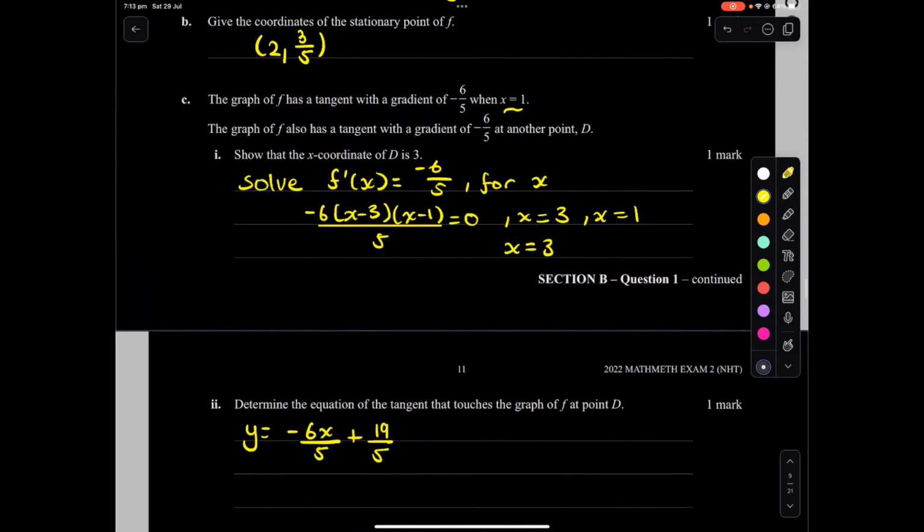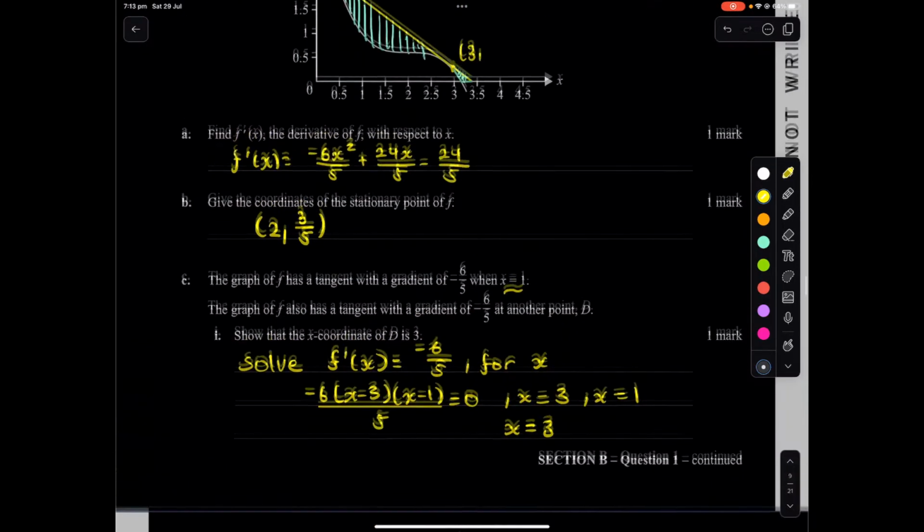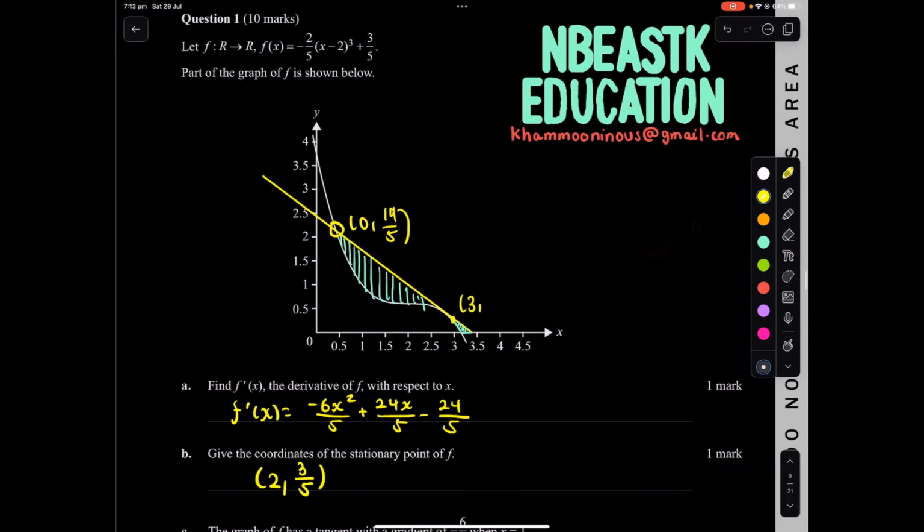So if I sub in 3, f of 3, I get 1 over 5. So this part is 1 over 5.